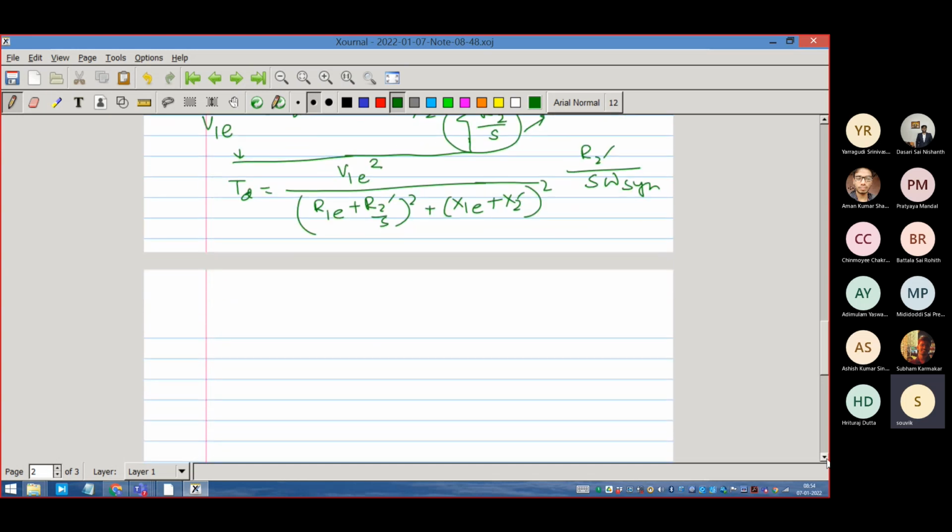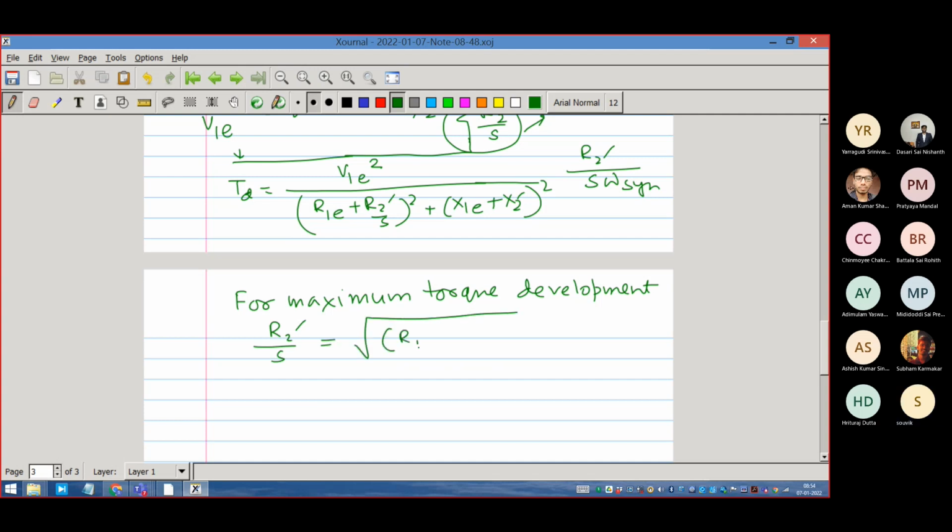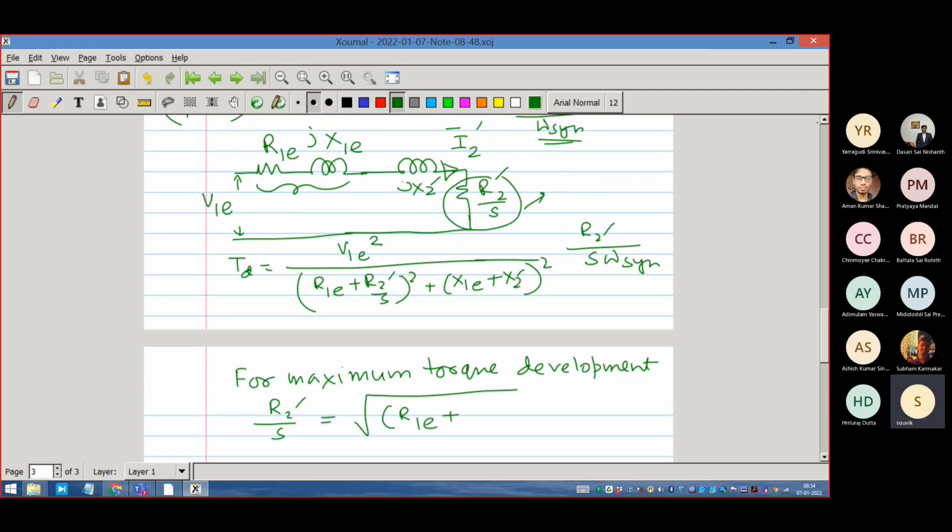So what we say is that for maximum torque development, it happens when R2 dash by S is equal to the square root of R1e square plus (x1e plus x2 dash) square, that impedance.